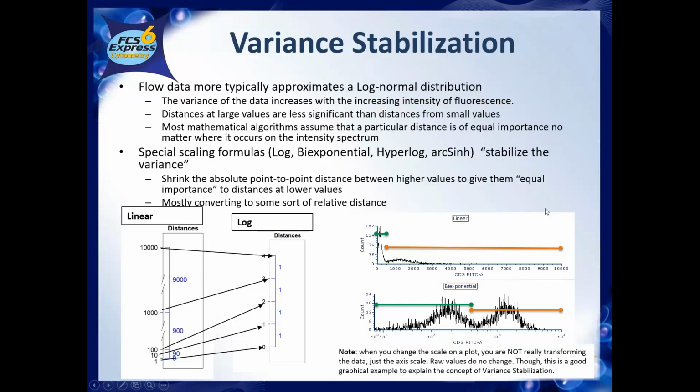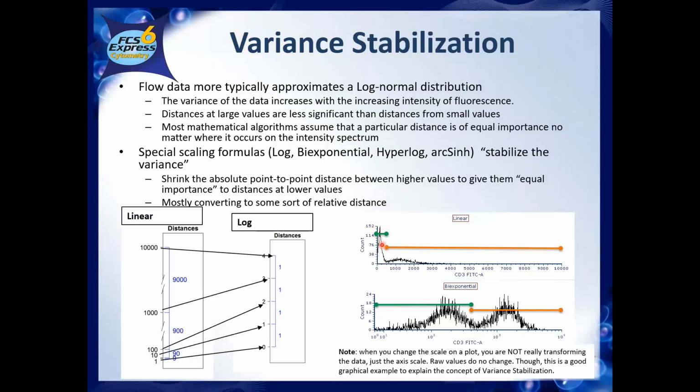You can clearly see this here. This is CD3 antigen stained with FITC, and I'm looking at this antigen with linear scale. This is something that we usually do not do, but for training purposes it's quite useful.